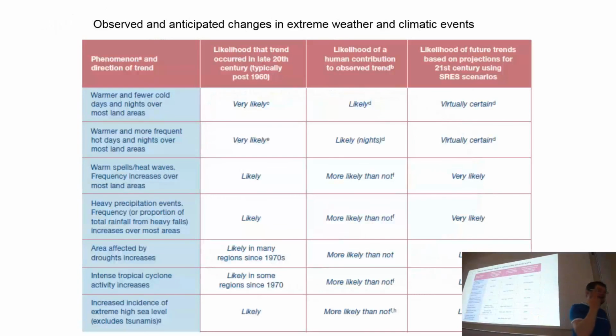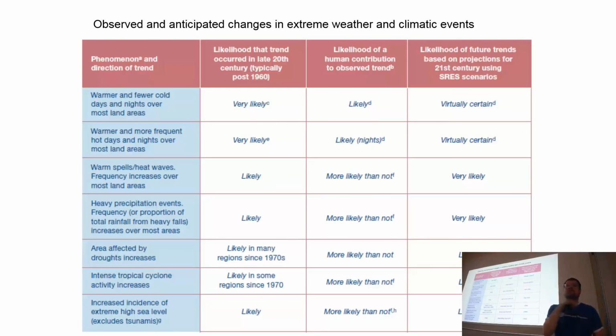So these are the human-relevant impacts that we're likely to see in the future. It's going to get warmer, and we're going to get fewer cold days. And this column here is looking at, has that already happened? Do we already see a change in our average weather in that area? And this next column is basically, is this our fault?